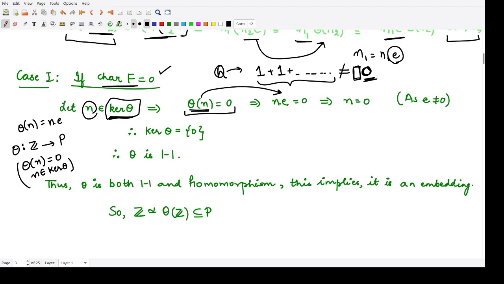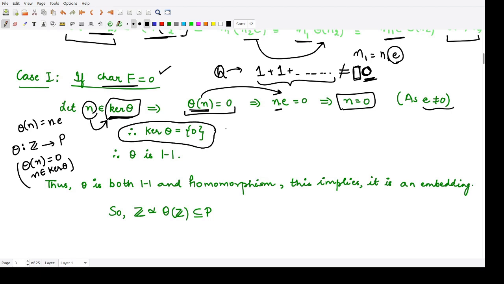So in this case, n should be equal to 0 in order to obtain n times e equal to 0, because this multiplicative identity is itself not equal to 0. So if n is equal to 0, and we have assumed this n to be present in the kernel of theta, that means the kernel of theta only contains the element 0 within it.